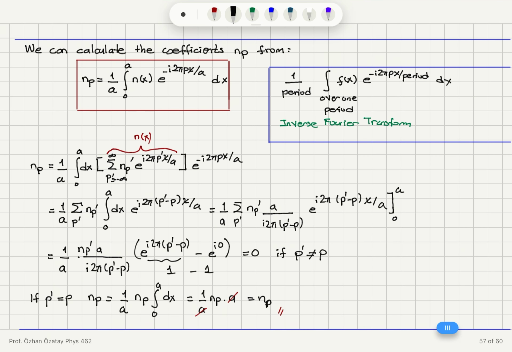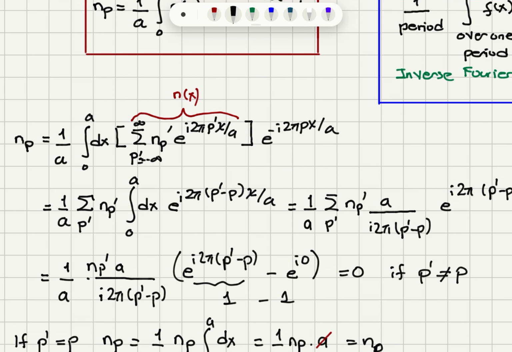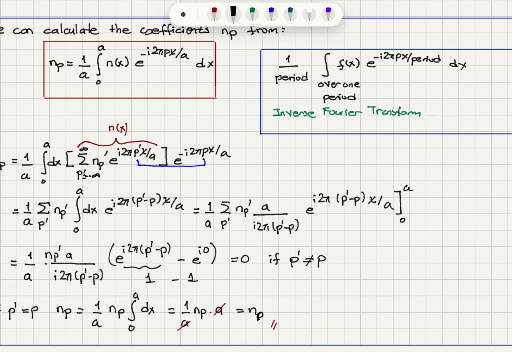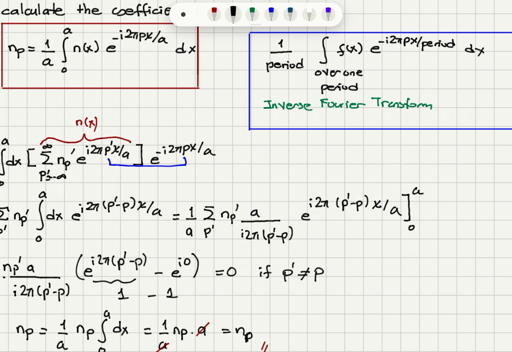Now it doesn't matter if I do the integral first or the summation, so I take the summation out, sum over p prime, and then I have the integral from 0 to a dx of e to the I 2 pi, and as you can see I have p prime x and minus p x, so they will add up: e to the I 2 pi (p prime minus p) x over a, and that gives me 1 over a sum over p prime. I perform the integral.